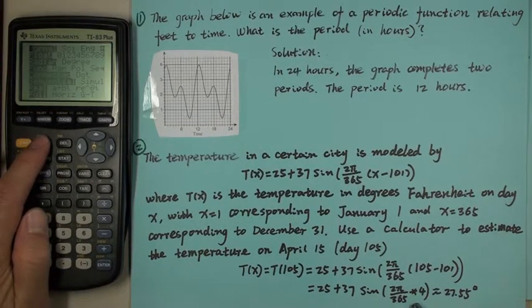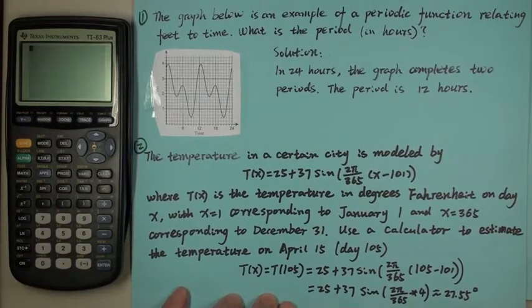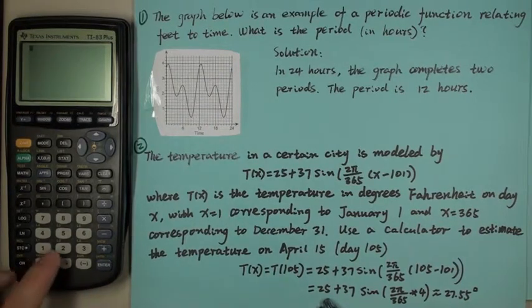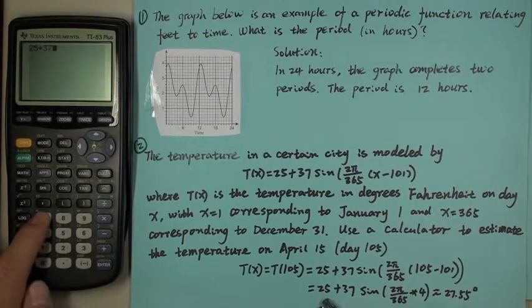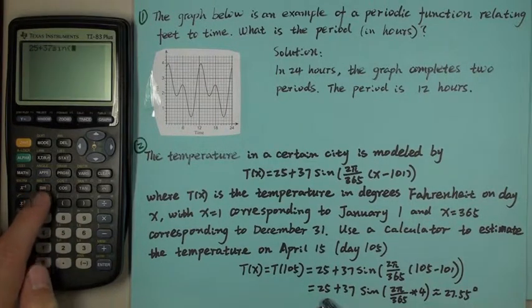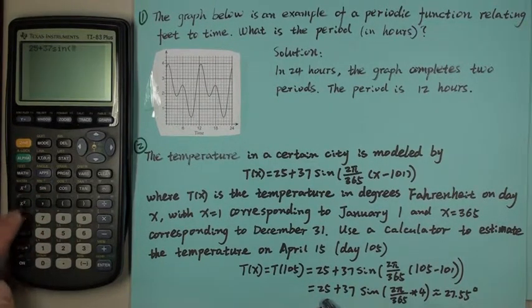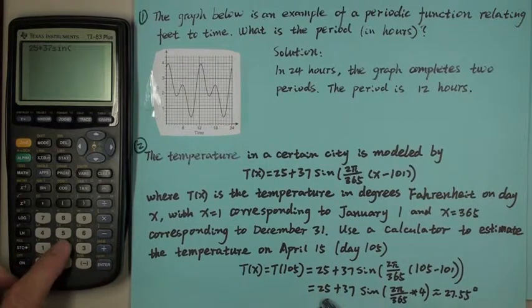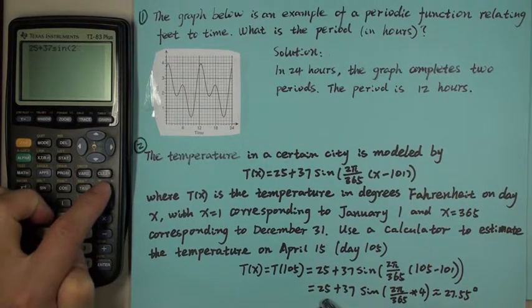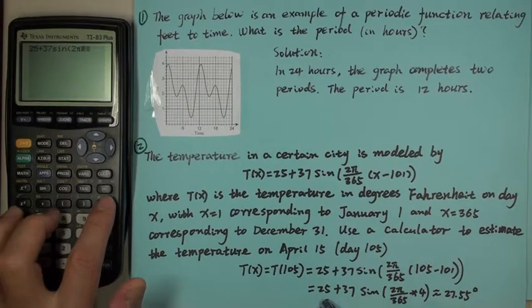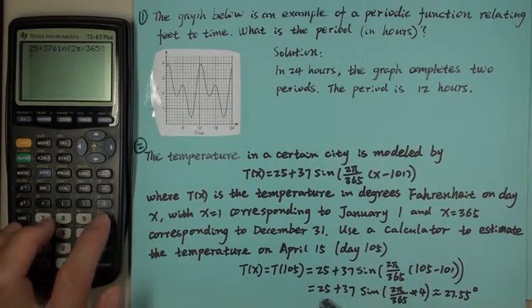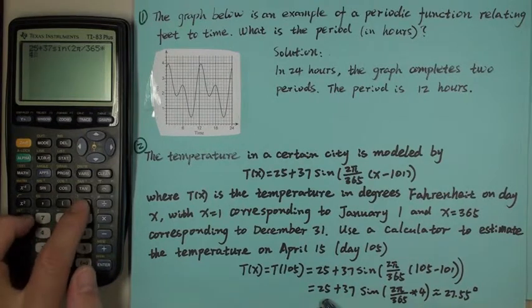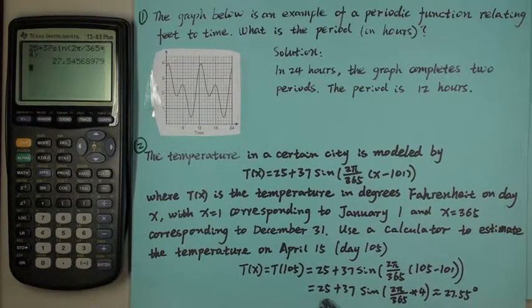Then input 25 plus 37 times sine of 2 times pi divided by 365 times 4, close parenthesis, hit enter.